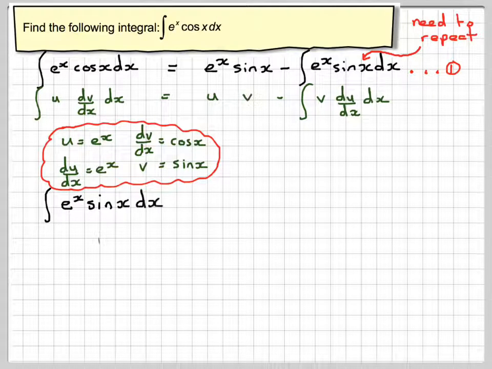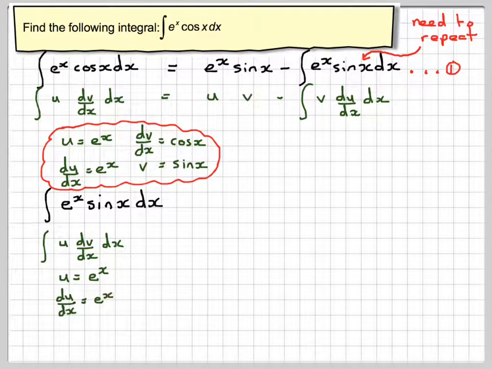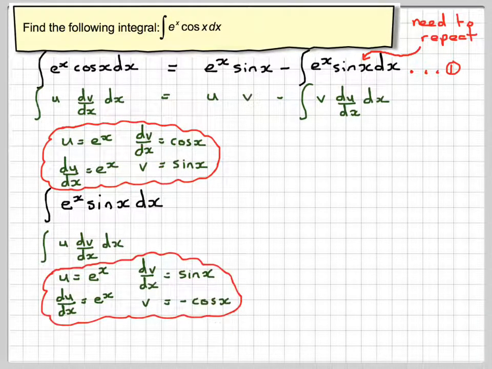So the integral now of e to the x sin x dx, again using u dv by dx dx, u is e to the x, so whatever you made u, the same, so du by dx will be e to the x, dv by dx will be sin x, and if you integrate sin x you get minus cos x.